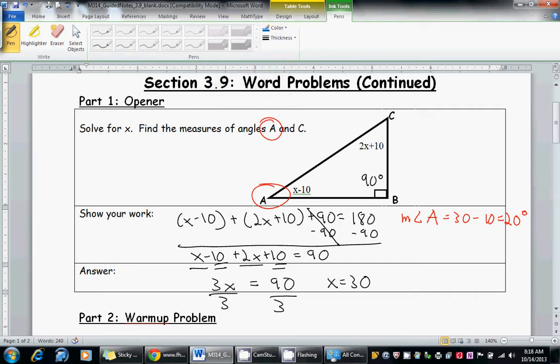You can probably make an educated guess for angle C without doing it, but let's still write it out. The measure of angle C is 2 times 30 plus 10, which is 70 degrees for my final answer.